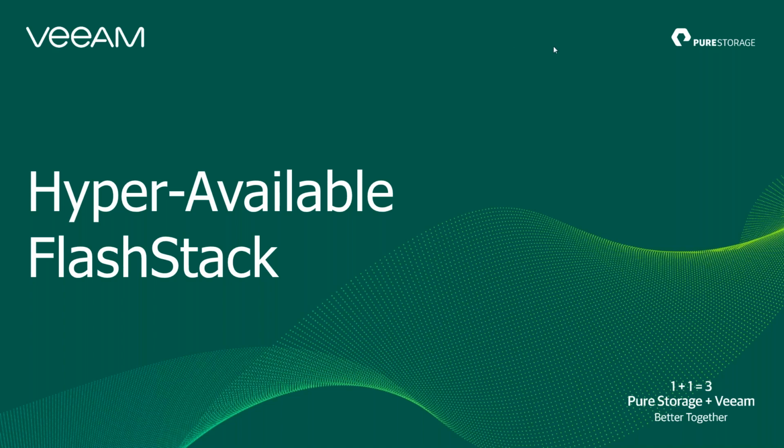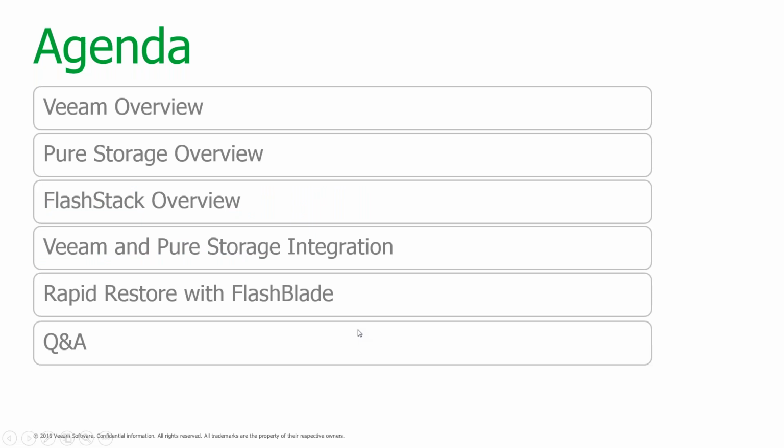All right, so to begin, let's talk about what we're going to be talking about. The agenda for today's webinar: we'll give you a couple of brief overviews on Veeam and on Pure Storage as a company, and then we'll talk about what FlashStack is and what problems FlashStack can solve for you in your environment.